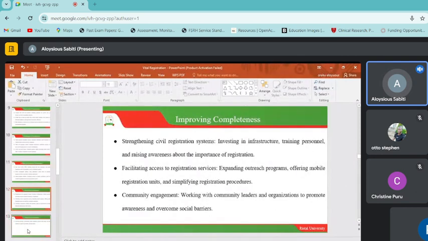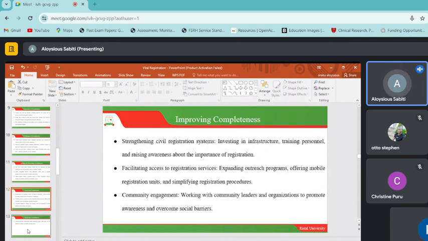So how can we improve completeness? I think we have already discussed this as well, and we're saying that strengthening civil registration, facilitating access to registration services, community engagements, working with community leaders, that is what we mean, and organizations to promote awareness.